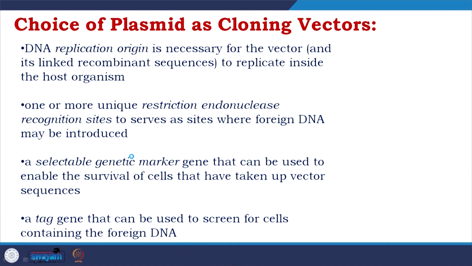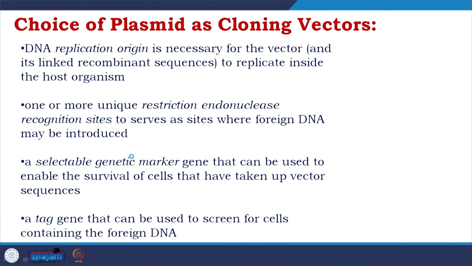A selectable genetic marker that can be used to enable the survival of cells that have taken up vector sequences. So, when you are growing that E. coli, you have to differentiate that E. coli from other E. coli. So, if you have a gene like beta-lactamase, that would save you from a beta-lactam like penicillin.